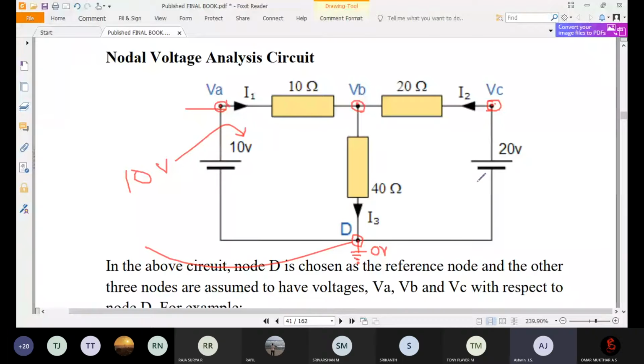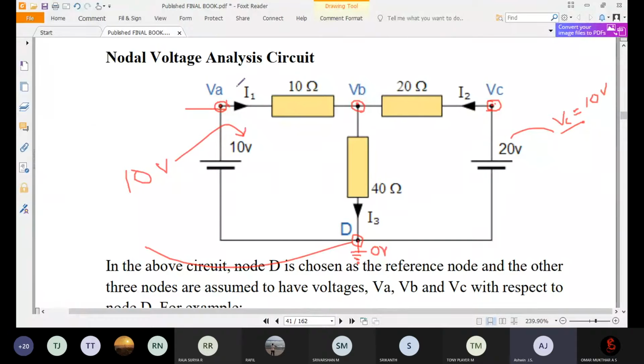The same voltage will appear. Similarly, VC is also 10 volt. So we know the voltage and we know the resistor, and I can calculate the current.